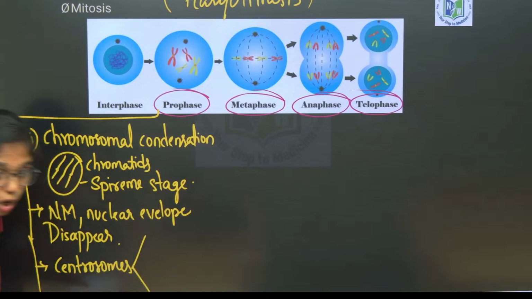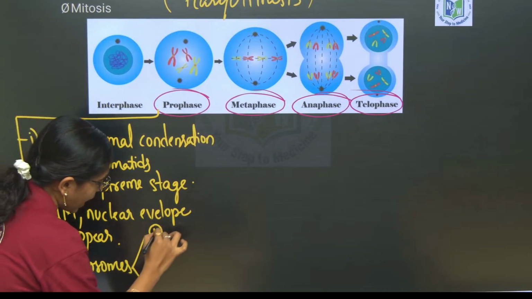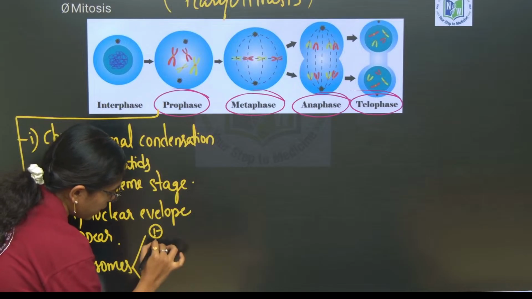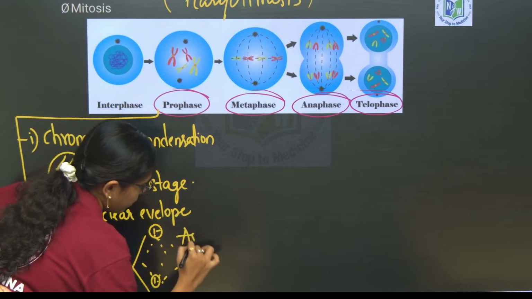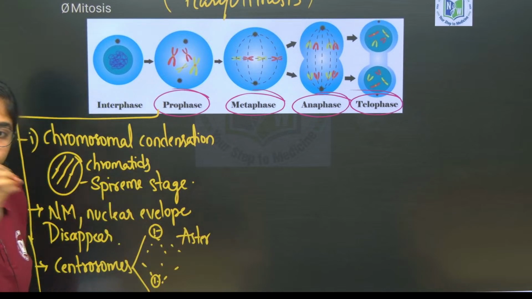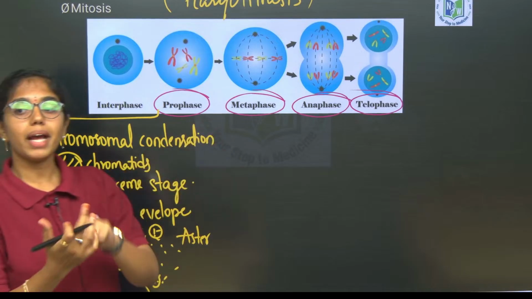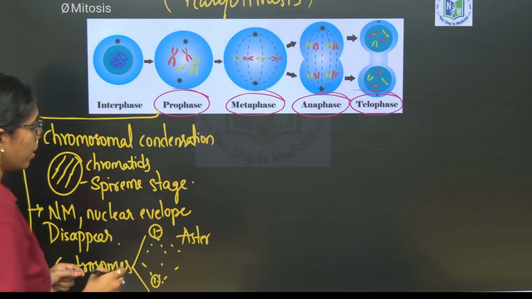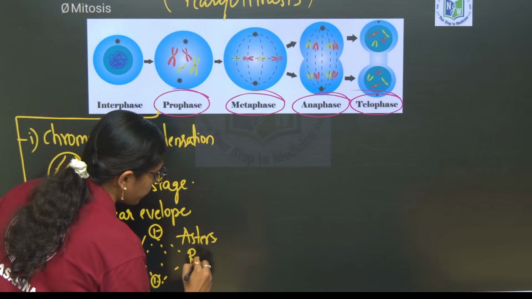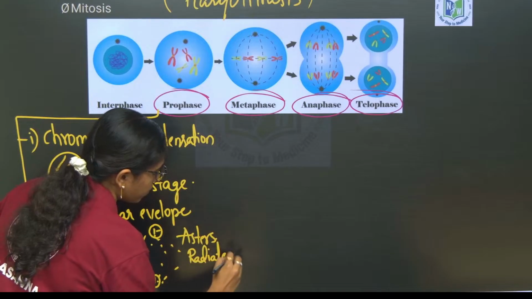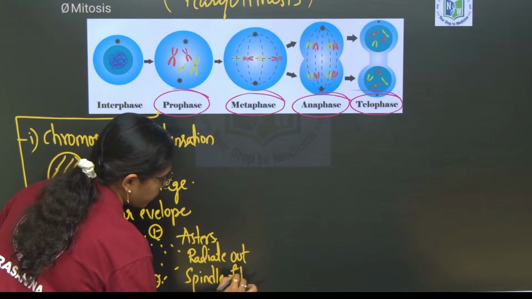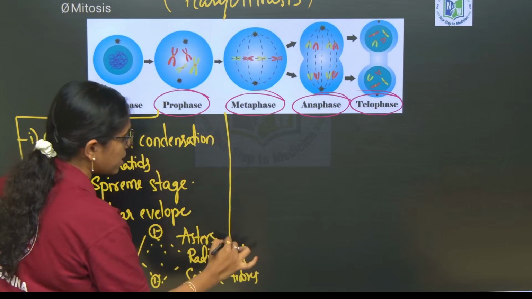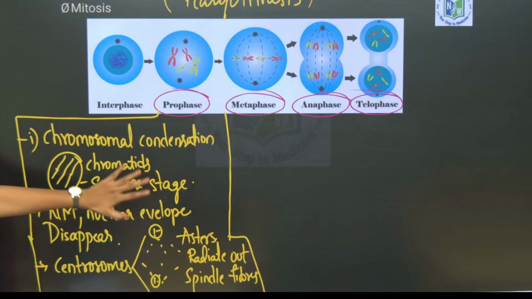In prophase, they are radiating out the spindle fibers. In the metaphase, they will be attaching to the kinetochores. These are the 3 major events that happen in the prophase of mitosis.